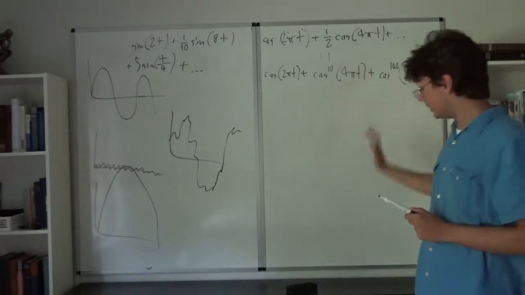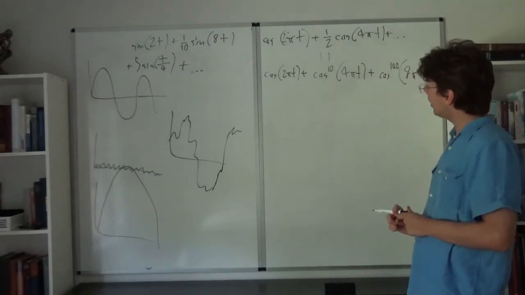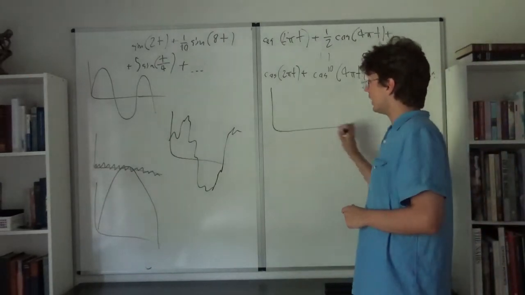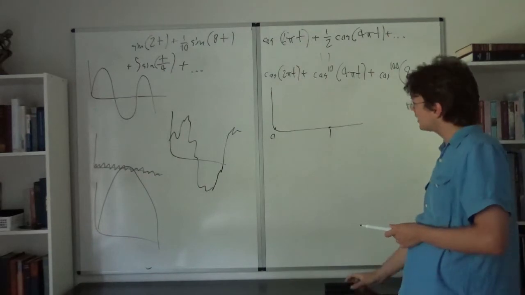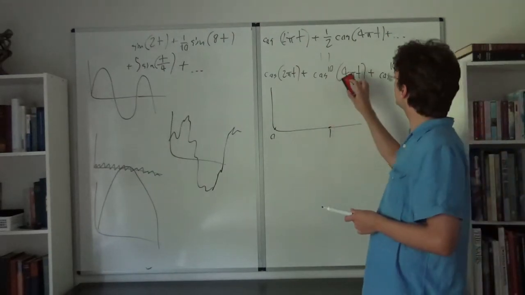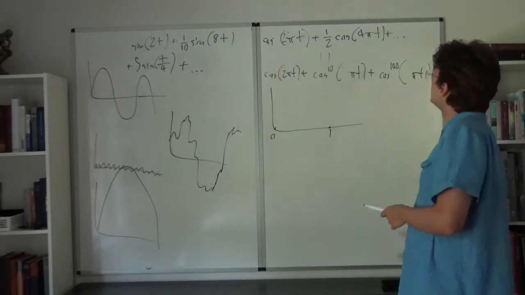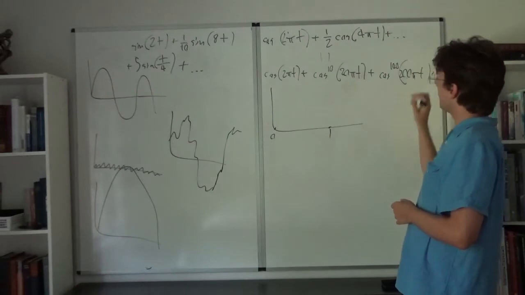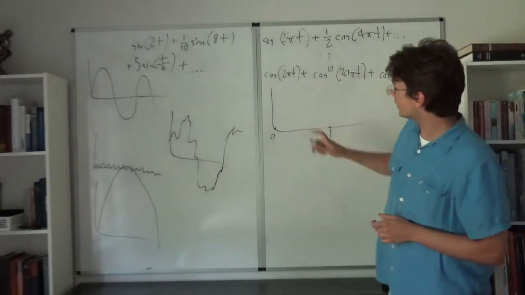Okay, so we're doing that. Now, what does this look like? What do these guys look like? Well, the first guy is perfectly normal, like here's 0, here's 1. Actually, let me modify this a little bit, guys. Let's make this into 20 pi t, and let's make this one into 200 pi t. Okay, so 10 times.